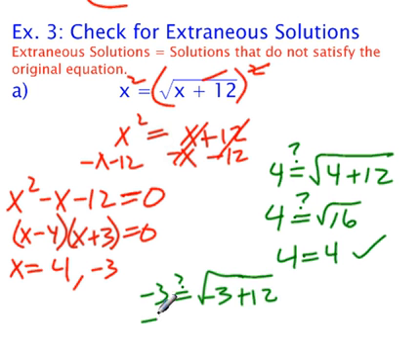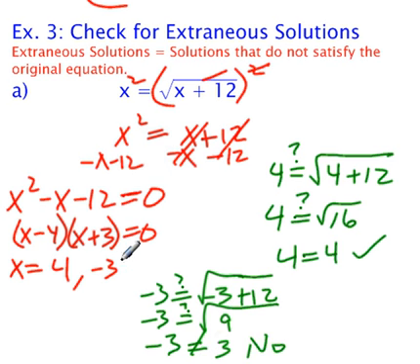Okay, what is negative 3 plus 12? Well, it's positive 9. What's the square root of 9? It's positive 3. Are those equal? No. So therefore, this one does not work. So you cannot include that as a solution. So therefore, the only solution that works is going to be x equals 4.